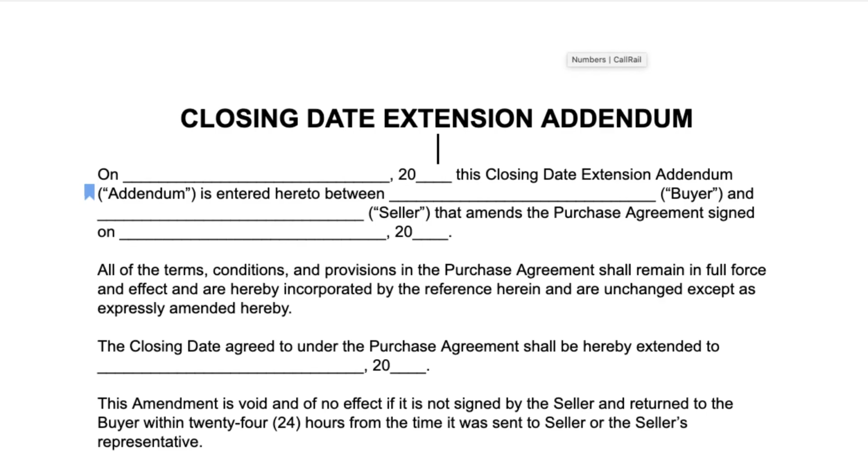All right, so what we're going to do is talk about the closing date extension addendum. Now, this is a tool that you're going to use in order to get your contracts extended, especially when you see that you can't sell a property on time. So if you're approaching your closing date, and let's just say you're within a week of your closing date, you may want to get a contract extension on your agreement so that you can, number one, be protected on your agreement and you won't lose the deal.